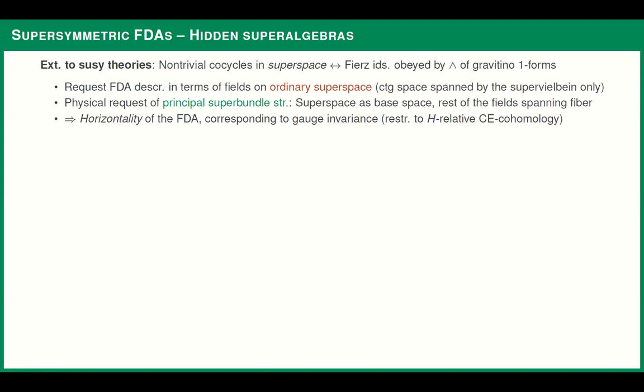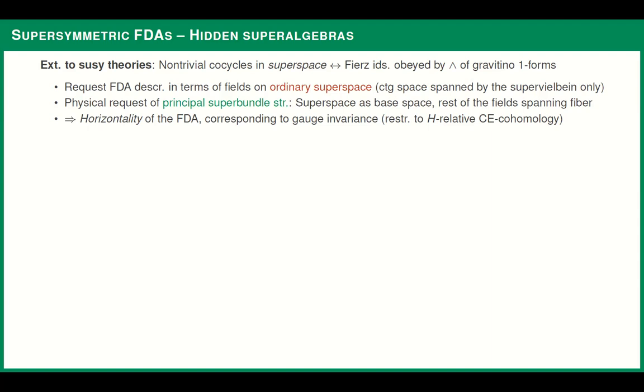So we have field identities obeyed by wedge products between gravitino one-forms. Once we have the field identities, we can extract from them the expression of the non-trivial cocycle in superspace that we want. Having the gravitini themselves as one-forms spanning the base of superspace makes finding cocycles in superspace much easier.